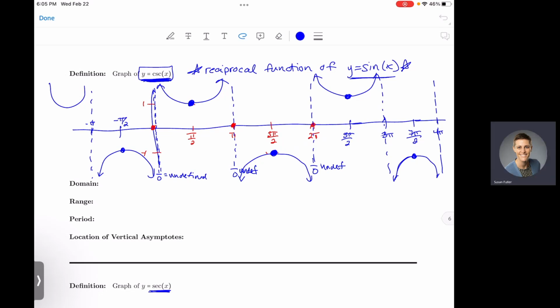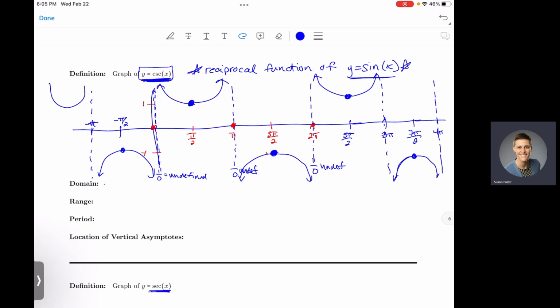Okay, so what's the domain of this function? What x values are covered by this? Well, all of them except where our vertical asymptotes are. And our vertical asymptotes happen at negative pi and 0 and pi and 2 pi and 3 pi and 4 pi. It happens at the multiples of pi.